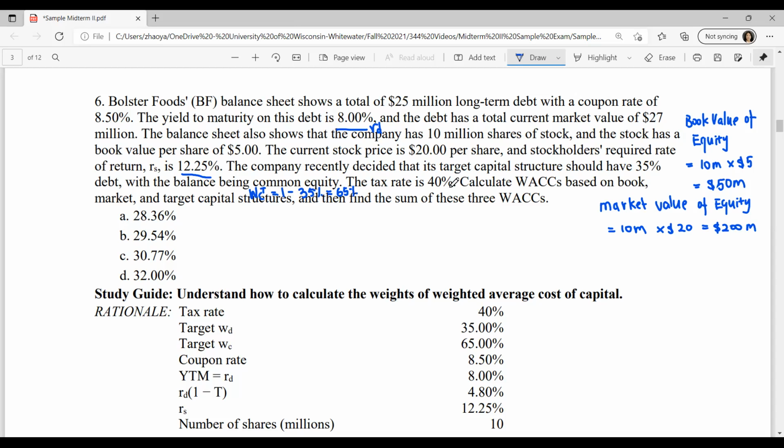Tax rate is 40%. Calculate weighted average cost of capital based on book, market, and target capital structures, and sum all three WACCs up.